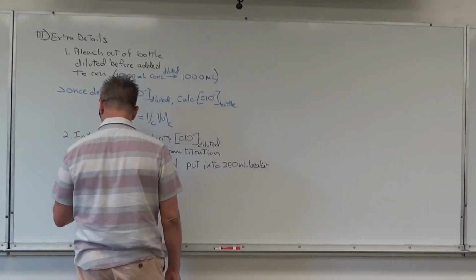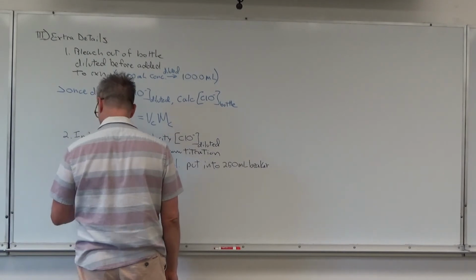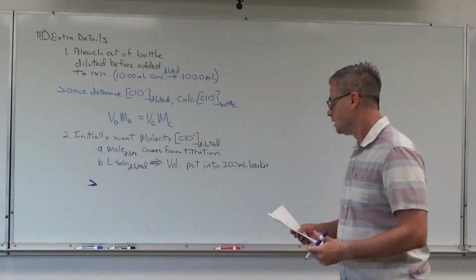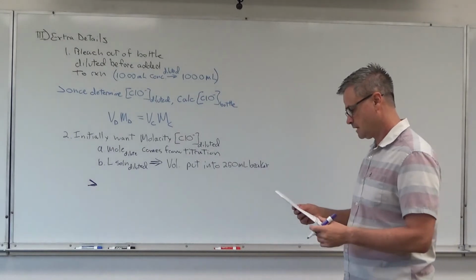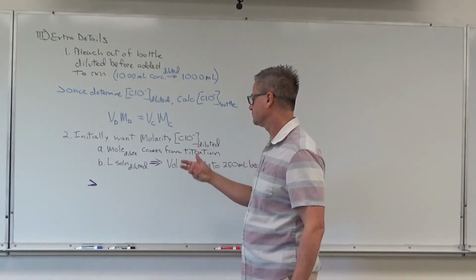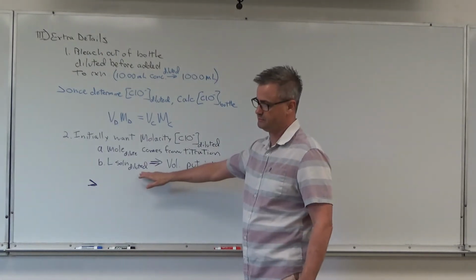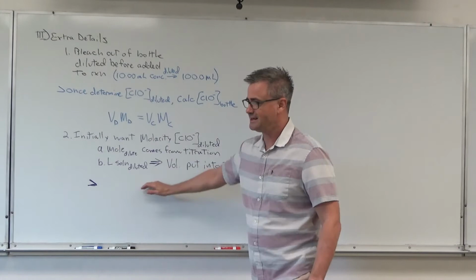All right, one thing I want to point out here is a pitfall that some students can fall into. You're going to put a certain amount, and it's important how much you put because you need to calculate the concentration at the end. Like I said, I think it's 25 milliliters, but I can't guarantee it.